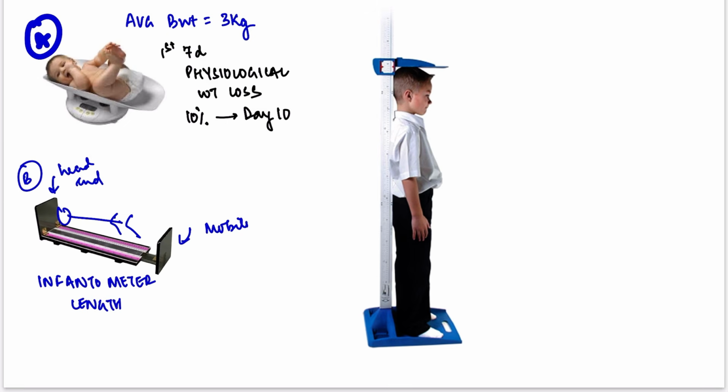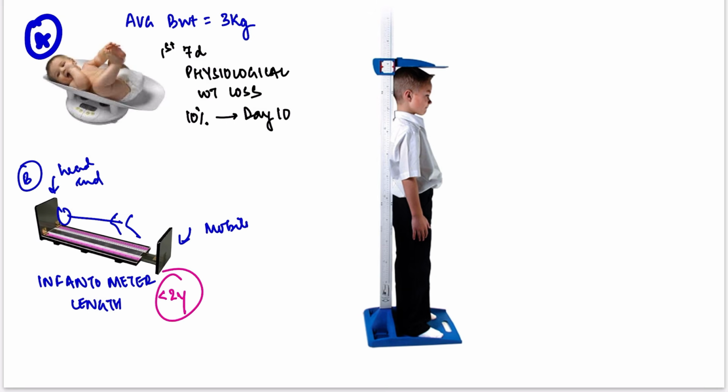The name says infantometer, and we all know an infant is someone who is less than 1 year of age. But remember, this infantometer is used to measure the length till 2 years of age. Why are we measuring the length till 2 years of age? After 1 year, the child knows how to stand. We can take the standing length, that is the height of the child.